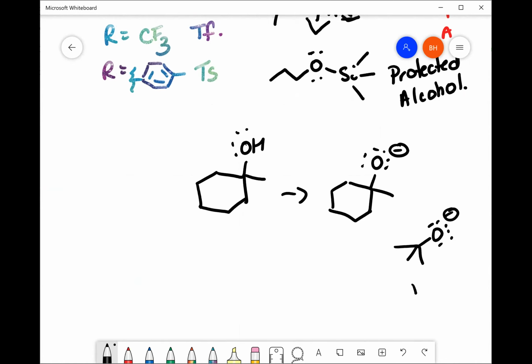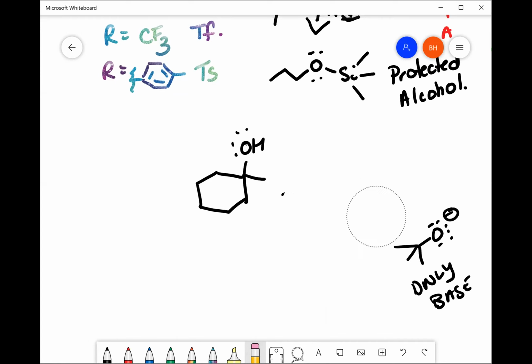So this is only a base. This one's even worse because you've got a large ring associated with it as well. So there's a lot less reactions with the tertiary alcohols there. Okay.